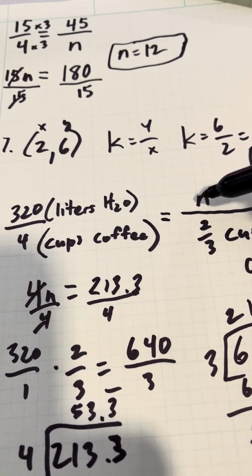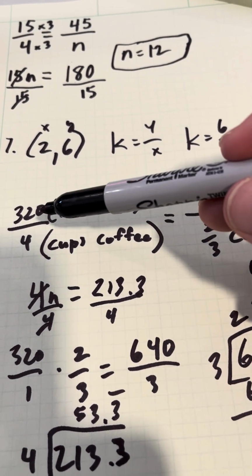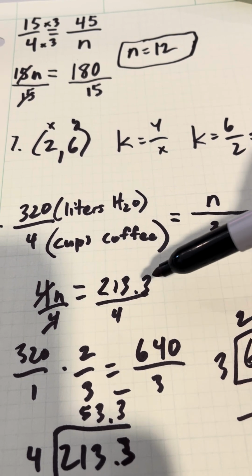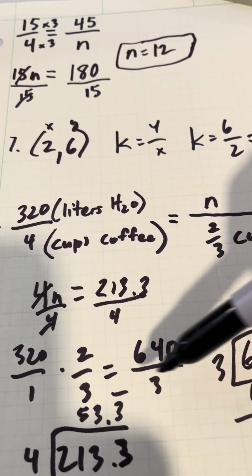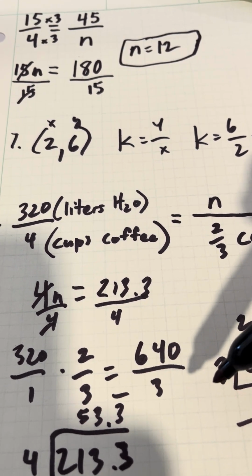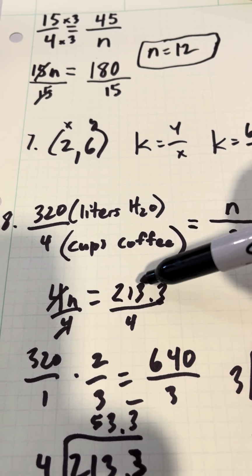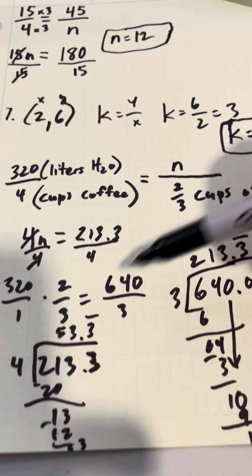We just cross multiplied. 4 times n gave us 4n. 320 times 2/3 gave us 213.3. Again, you didn't have to do all this that I did by hand. You could have just used your calculator. All right, and then to get the n by itself, we had to divide both sides by 4. And 213.3 divided by 4 gave us 53.